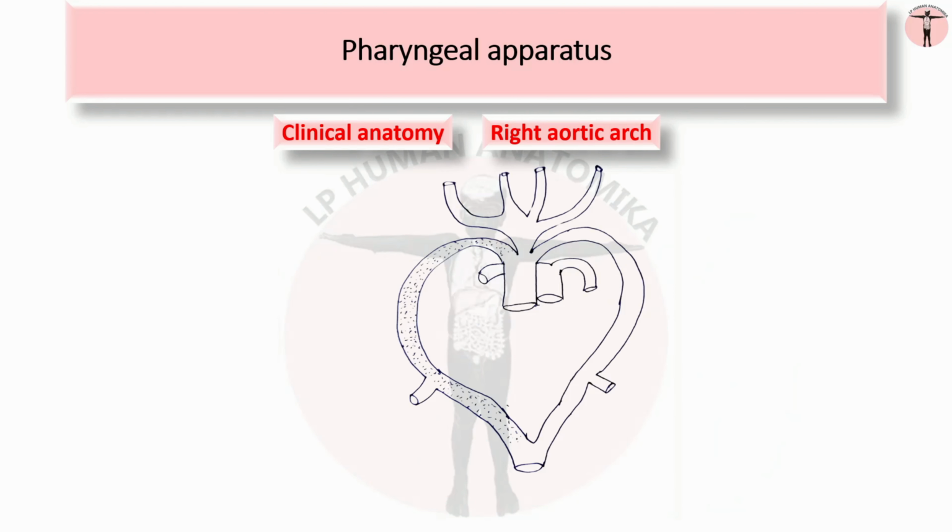In a right aortic arch, the distal part of the left dorsal aorta is obliterated and the entire dorsal aorta on the right side persists, forming the right aortic arch.